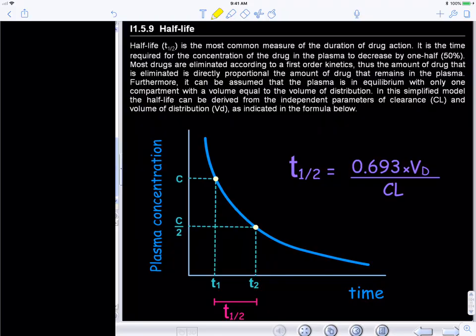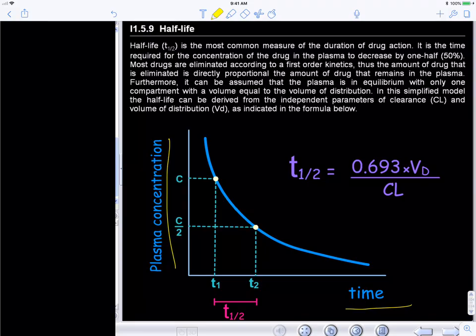Half-life is simply a measure of plasma concentration over time, and we define as half-life the time at which the concentration is half of the starting point, because the decrease in concentration follows an exponential formula.